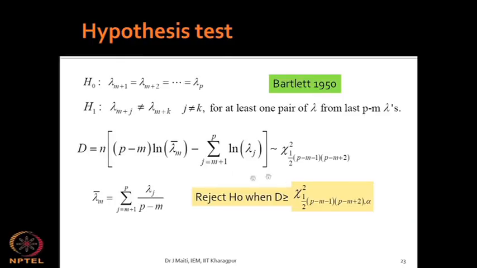That is why the sampling distribution is very, very important. Using this distribution you first find the statistic, then you know the chi-square degrees of freedom, and you go to the table and find this value. If you find that the d value is greater than this, then you reject the null hypothesis H0. What is H0? That the discarded lambda values are all equal.